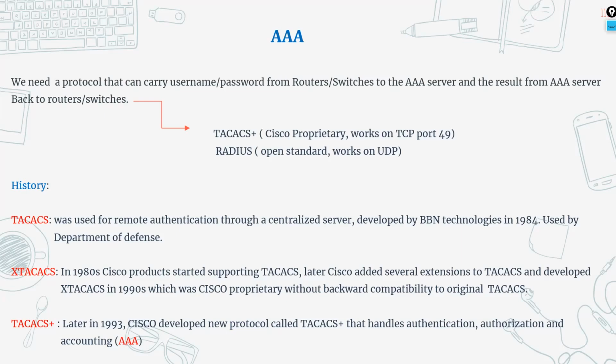In the 1980s, Cisco products also started supporting TACACS, but Cisco kept on doing some modification on that, and they released several extensions of that. And in the 1990s, they developed XTACACS, which was Cisco proprietary, but there was no backward compatibility with the original TACACS protocol.